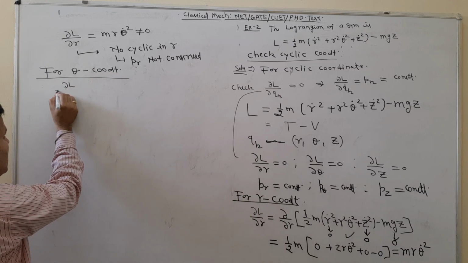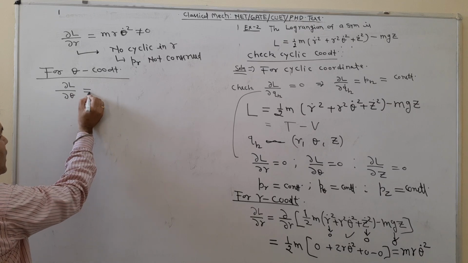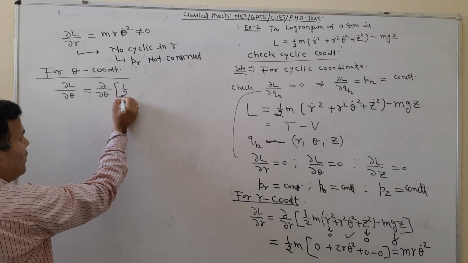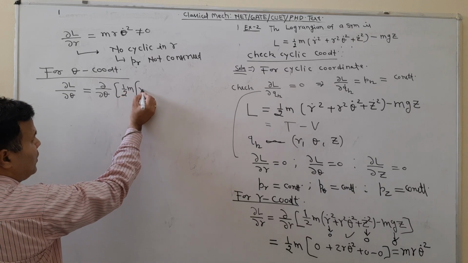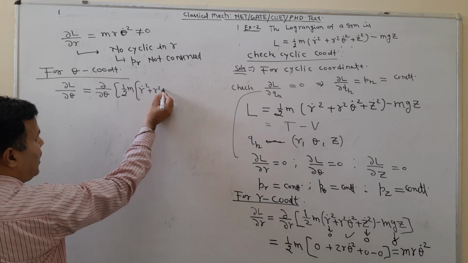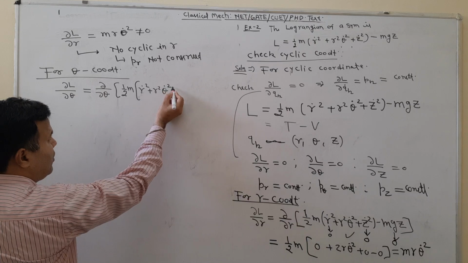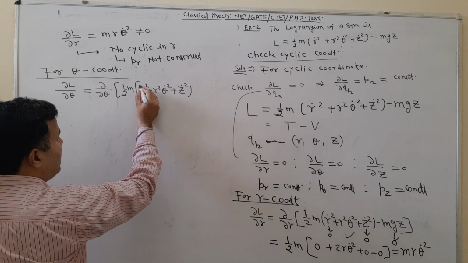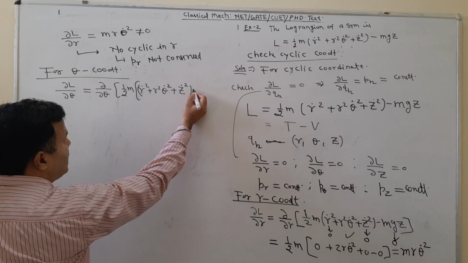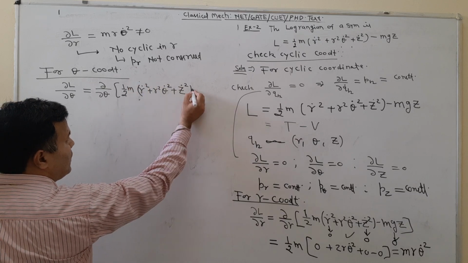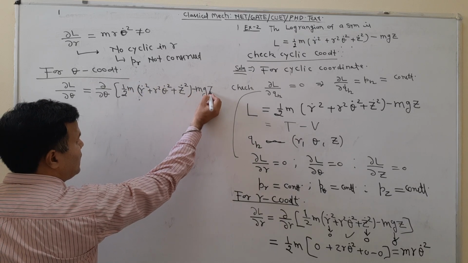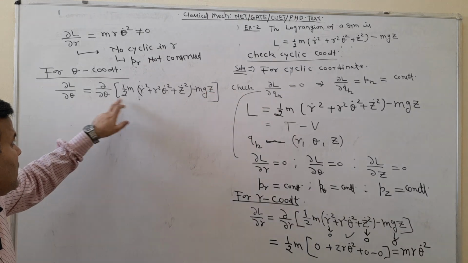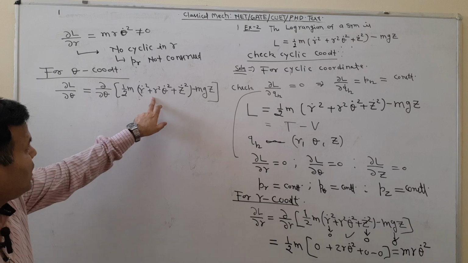we need to check whether our del L upon del theta is 0 or not. So del L upon del theta, again, 1 by 2 m (r dot square plus r square theta dot square plus z dot square) minus m g z. Now again differentiating this partially with respect to theta, there is no theta coordinate.